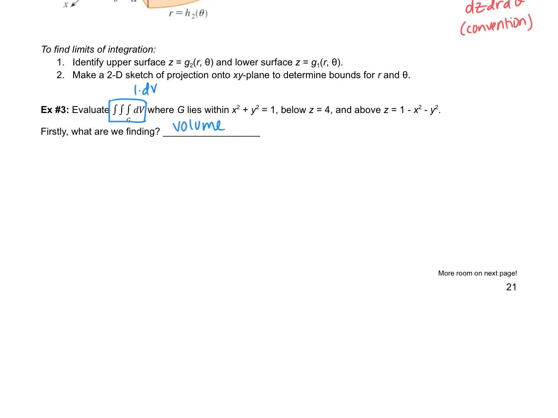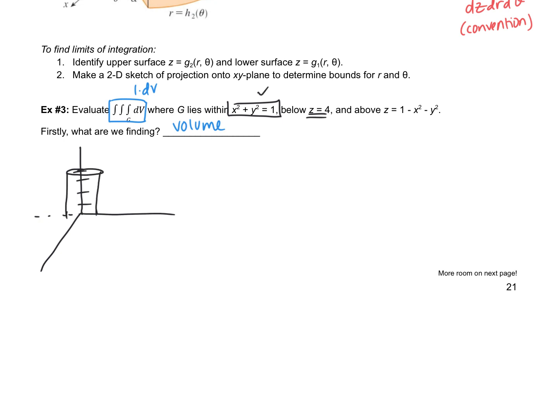What's going to be helpful here, like it normally is, is to draw a figure. Okay, x squared plus y squared equals 1 is a cylinder, and we're looking at below z equals 4. So we're going to go up to z equals 4, and x squared plus y squared equals 1 is a circle with a radius of 1. So this is going to be a cylinder. Okay, so here is our cylinder.